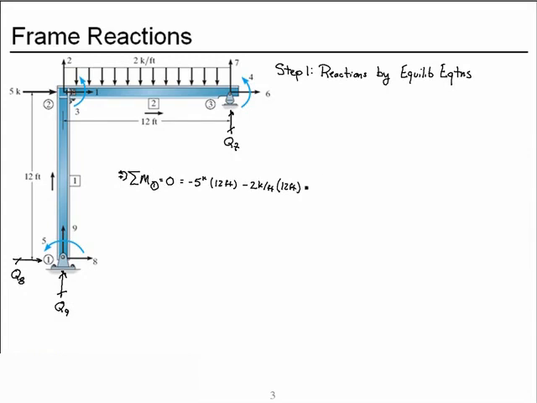This length gives me the resultant force, and that's acting at a distance of 12 over 2 feet from node 1. Get a positive contribution from the reaction at degree of freedom 7, and that acts through this horizontal distance, 12 feet. I solve that for the vertical reaction at degree of freedom 7, and I get a positive 17 kips. So it is up.